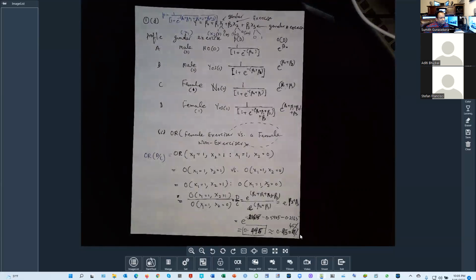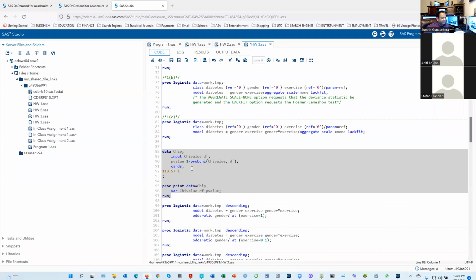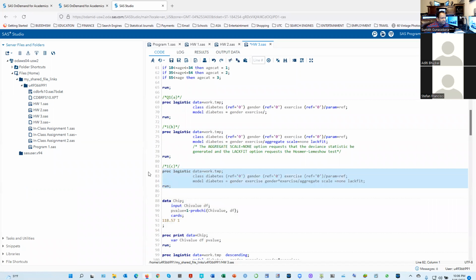So then we came up with this one, because we have already taken these estimates by running that one. So all the results are here. I'm talking about here.